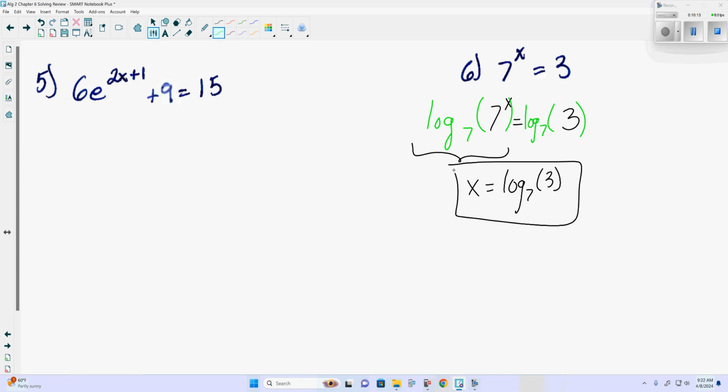Okay. Because again, the first thing we need to do is get e by itself. So we would subtract 9, telling us that 6e to the 2x plus 1 is equal to 6. Yep.